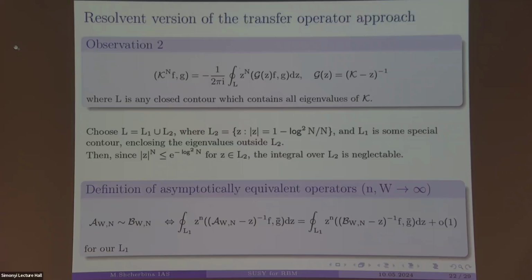So n, forget about -1. You have the n-th power of the operator, so you can write it like this integral. And so if you know the resolvent, you know everything. And with the resolvent, the situation is simpler.